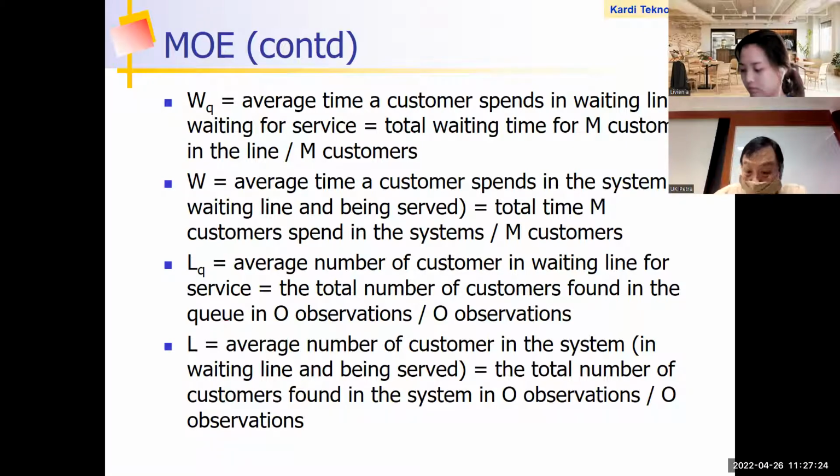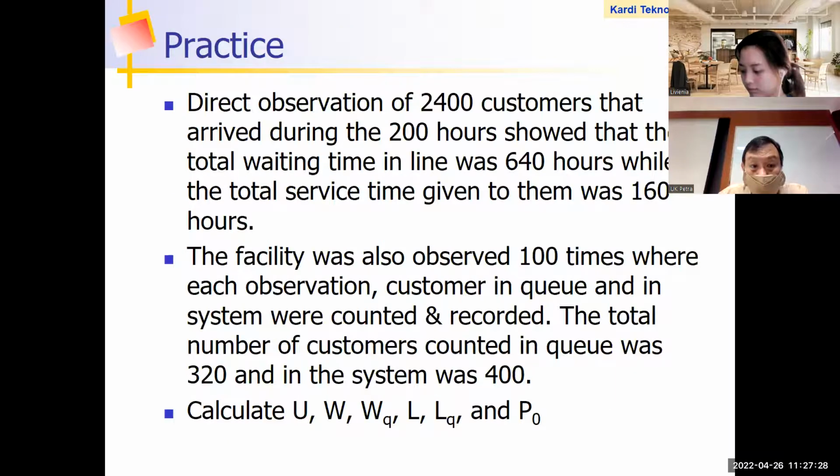So with this notation being known, then you can start with this practice. Say, for example, direct observation of 2,400 customers arriving over 200 hours shows the total waiting time was 640 hours and the total service time 160 hours.